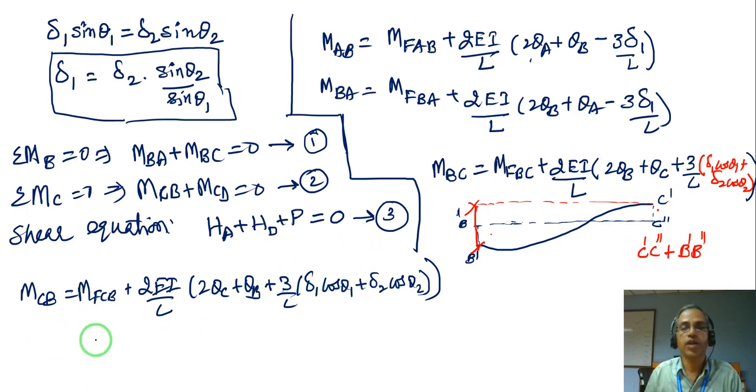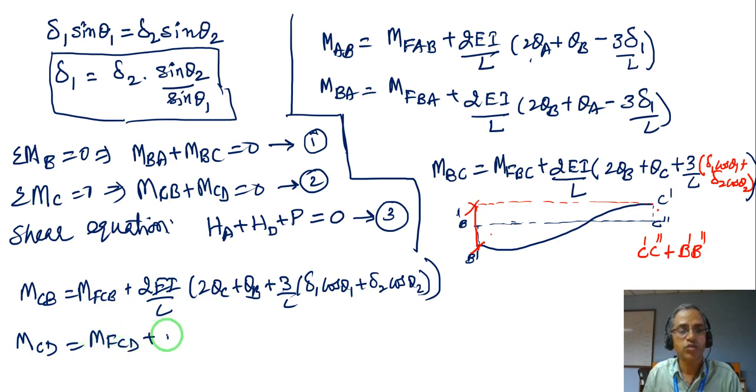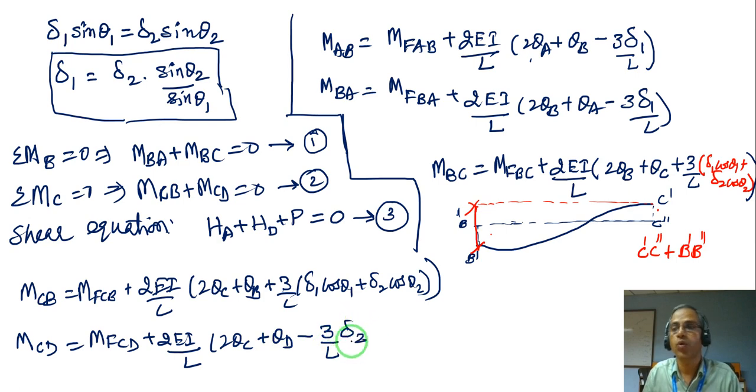Now coming to the next, the vertical member, MCD, is MFCD plus 2EI by L times 2 theta C plus theta D minus 3 by L, what is that, delta 2.